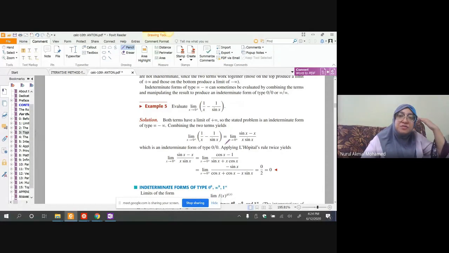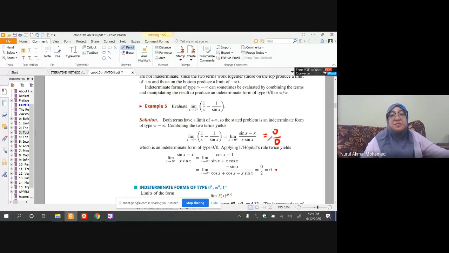So you have to multiply this. It is cross multiplication. So sine x minus x, and then you divide with x sine x, and then you substitute x tends to 0 plus here. So 0 minus 0 gives you 0, and then it is divided by 0 multiplied with sine 0, which gives you 0 over 0. So it is L'Hopital rule.